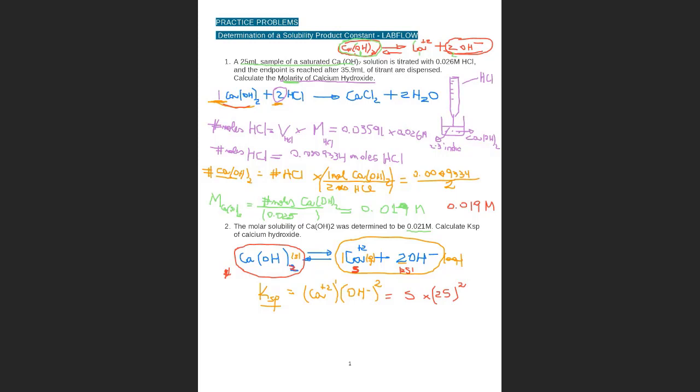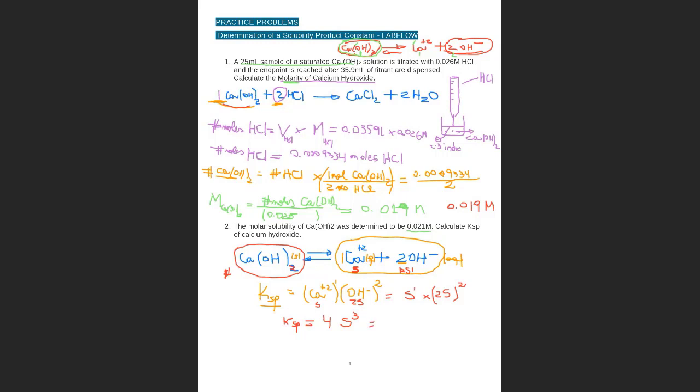Good, thank you. Okay, so then all I'm doing is, instead of hydroxide, I write 2S. And here I write S. And then I just plug in the numbers. The Ksp is going to be 2 squared, which is 4, and then S raised to the third power, because 1 here and 2 here.